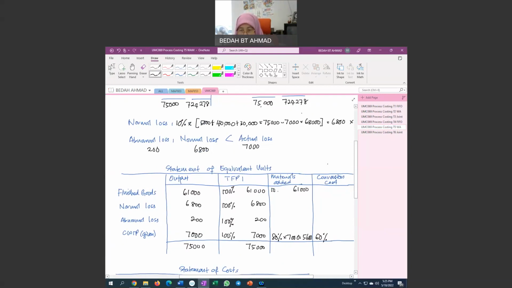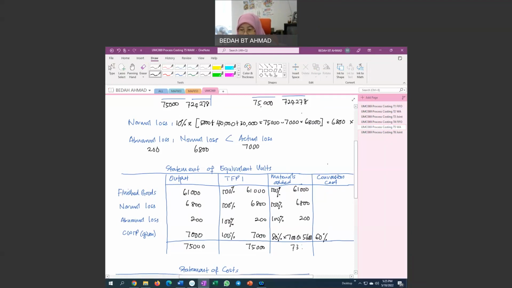So this one is 100% for the normal loss, 6,800, 100% for the abnormal loss, so it is 200. Okay, so then the total for the materials added is 73,600.